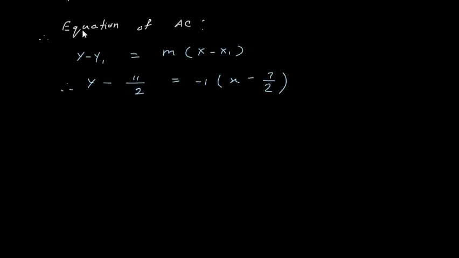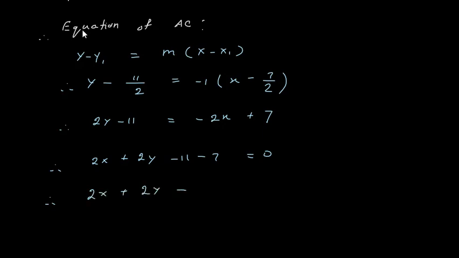Let us multiply each term by 2. Here we will get 2y minus 11, and here we will get minus 2x plus 7. This minus 2x I will bring on the left, so it is 2x plus 2y minus 11, and this 7 will also come on the left and become minus 7, is equal to 0. So 2x plus 2y minus 4 is equal to 0, since 11 minus 7 is 4.